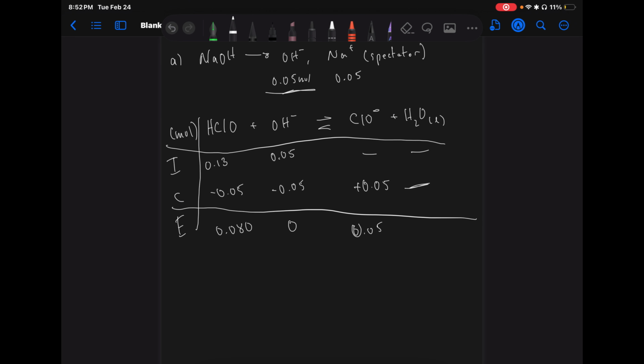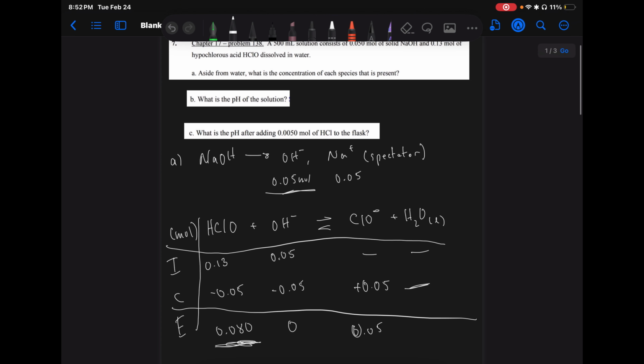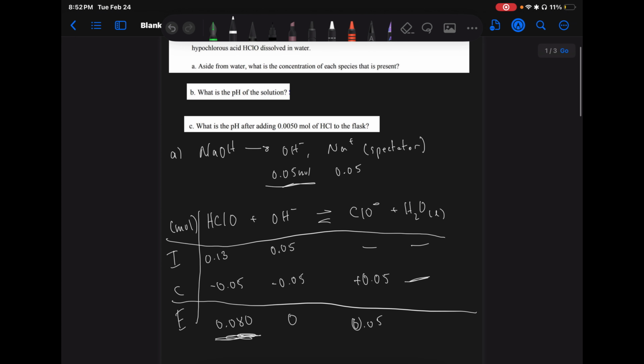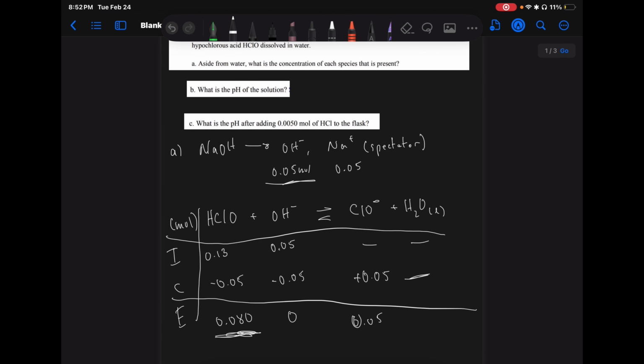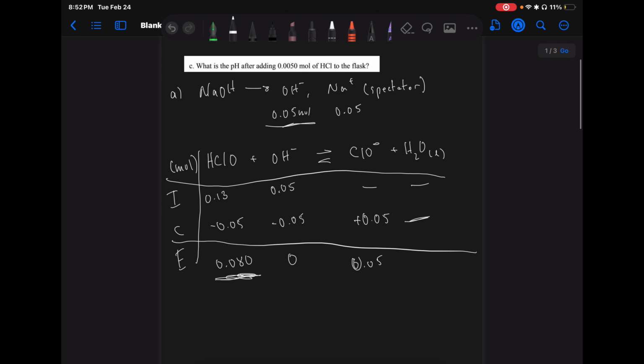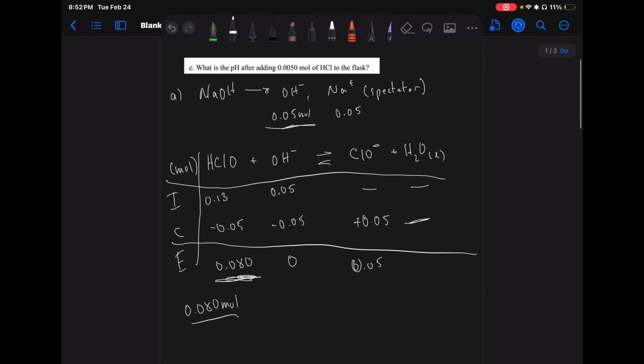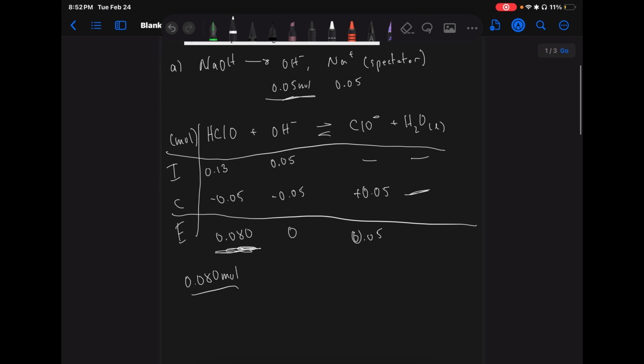So that is the amount of moles of HClO that we'll have in this solution. Now the question is asking for the concentration of each species. To find HClO, that would be 0.08 moles over 0.5 liters, because it's 500 mL, which ends up being 0.16 moles per liter.